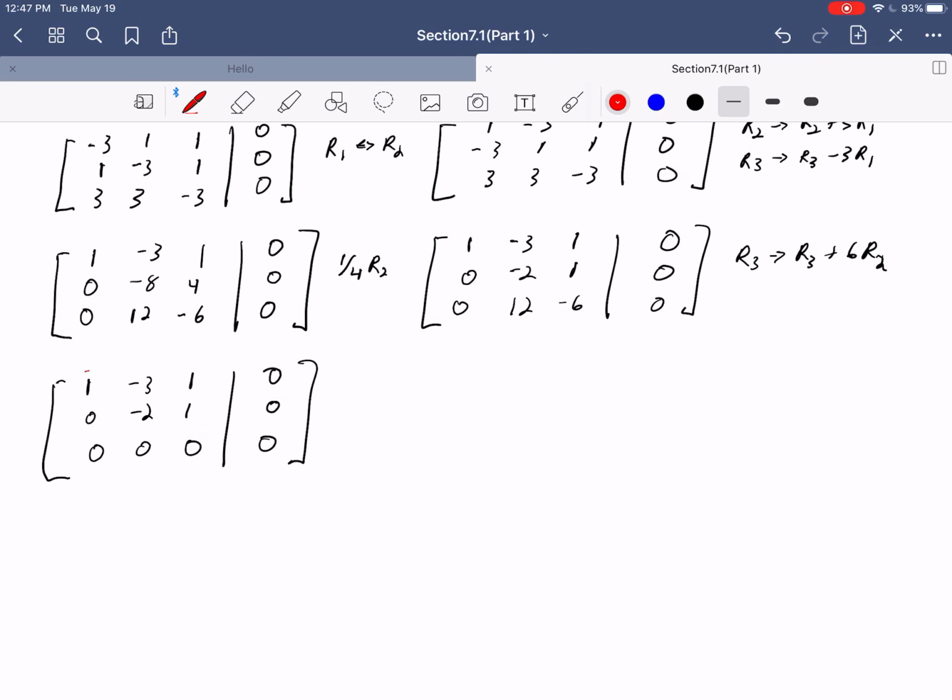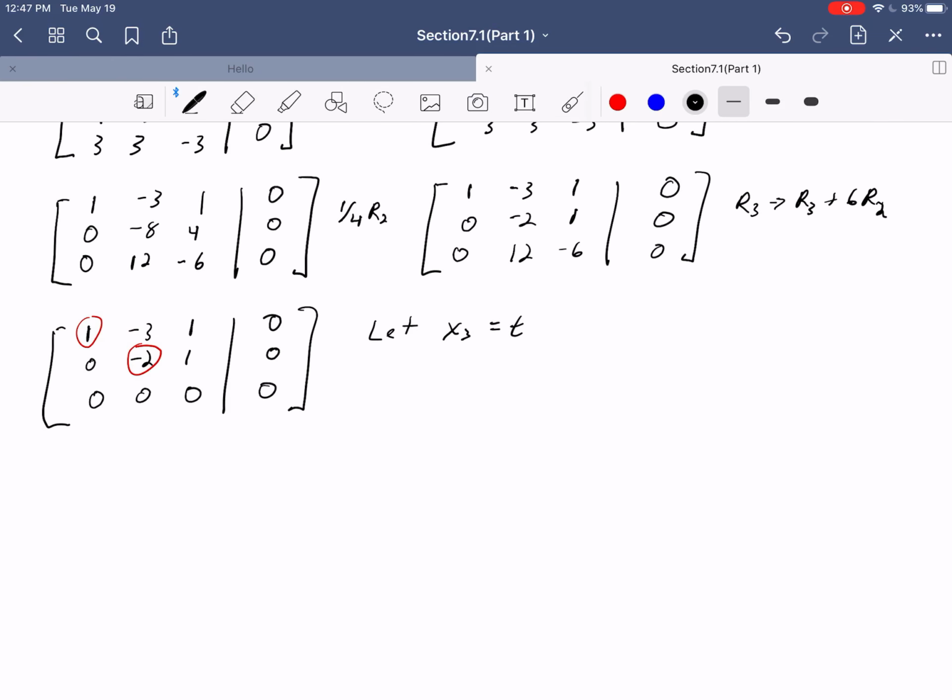So now we'll avoid parameterizing these guys here, and we'll let x3 be equal to t. The first equation will be negative 2x2 plus x3 is supposed to be 0. So we'll get negative 2x2 plus t is equal to 0, and it looks like x2 should be 1/2 t. Then the other equation, x1 minus 3x2 plus x3 is supposed to be 0.